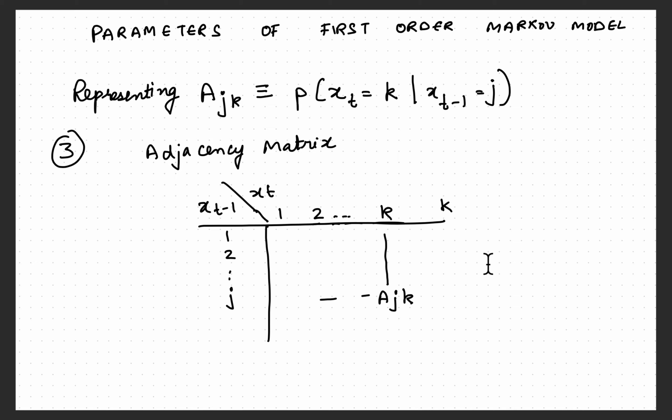The only thing you need to be very careful about is that ajk means the jth row, the kth column, which means that you're transitioning from x of t minus 1 equal to j to x of t equal to k. This is the usual form which we also use while writing the code for HMMs. It's very natural to think of it in this way.